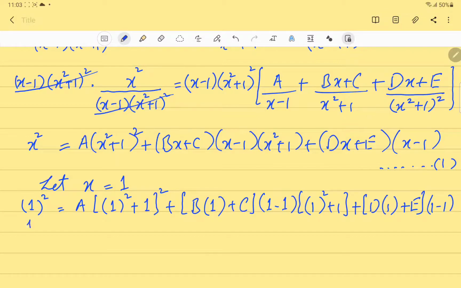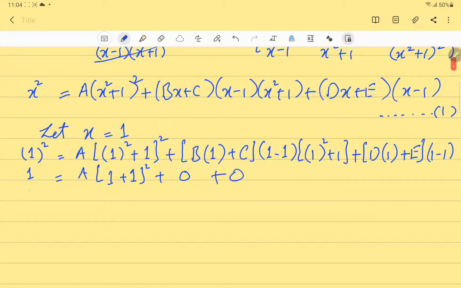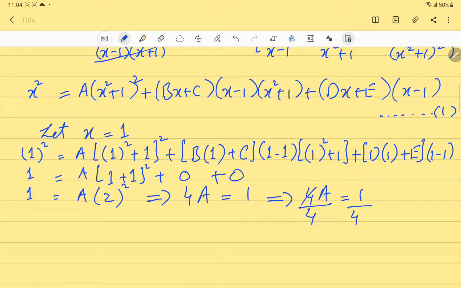So 1 squared is 1, so a into 1 plus 1 squared, and because of this and because of this both the terms will become 0. So 1 is equal to a into square of 2, which means 4a is equal to 1. We divide both sides by 4, which means a is equal to 1 over 4.